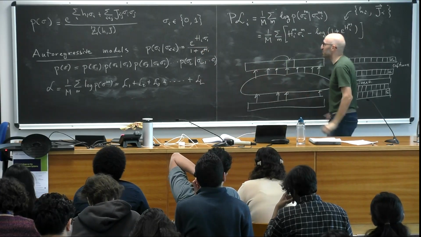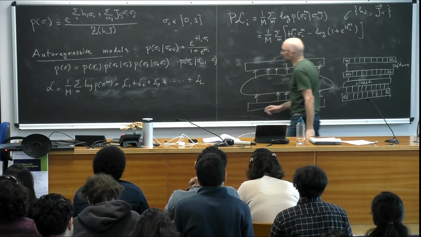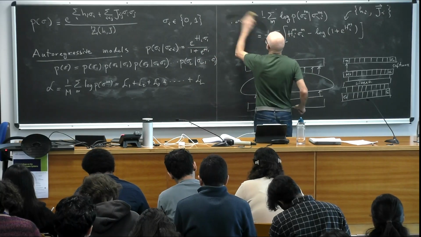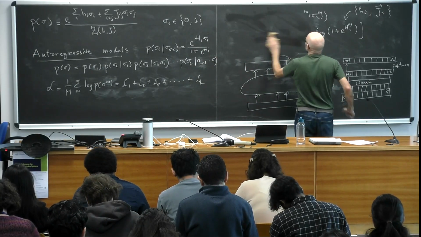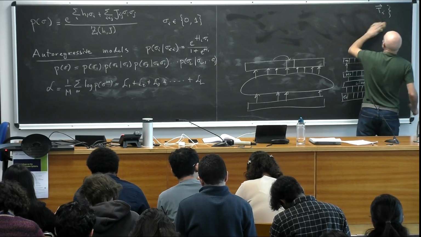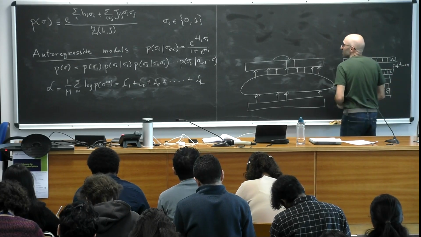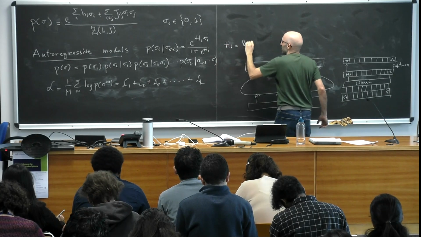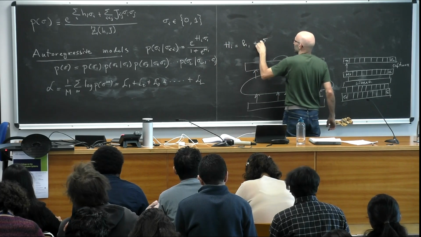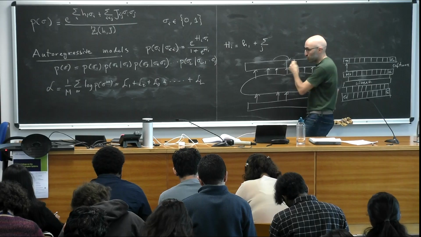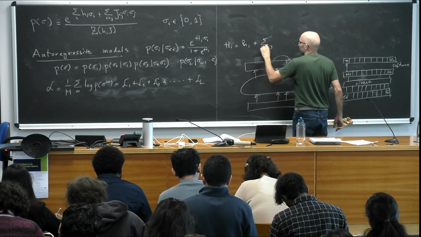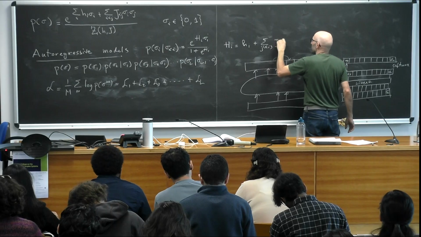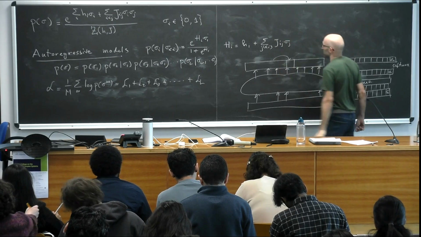This is always the case for binary variables. And then I write the field in the same way. I write this field as a local field h i plus the sum over j, but now smaller than i, not different. Before it was different from i, of J i j sigma j.